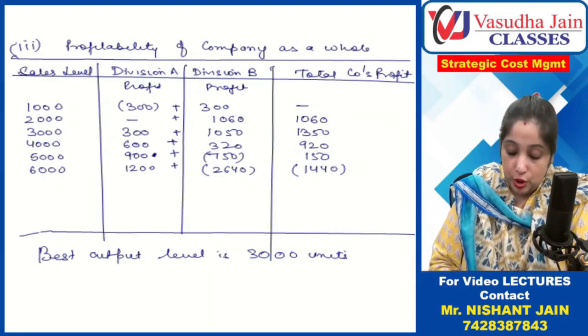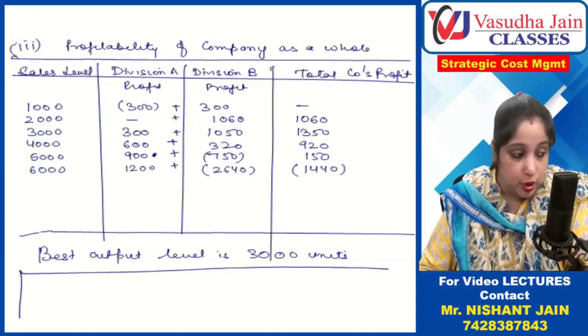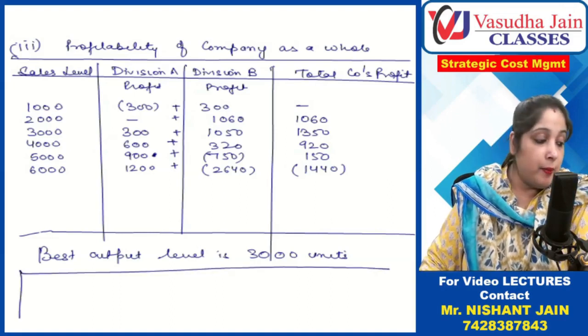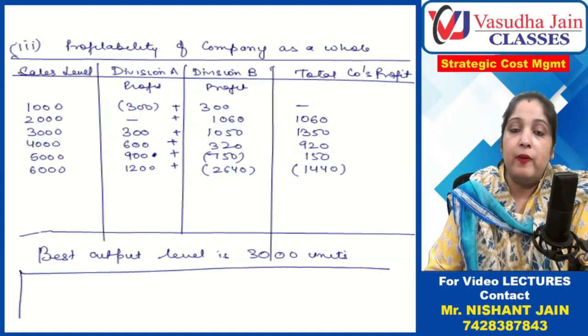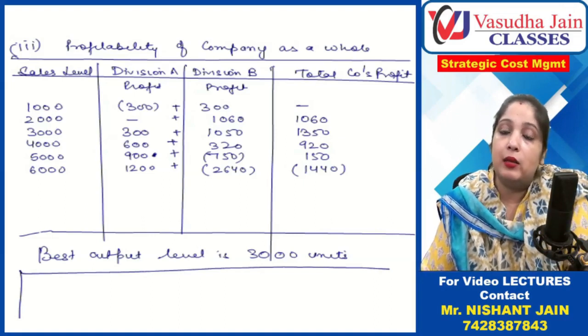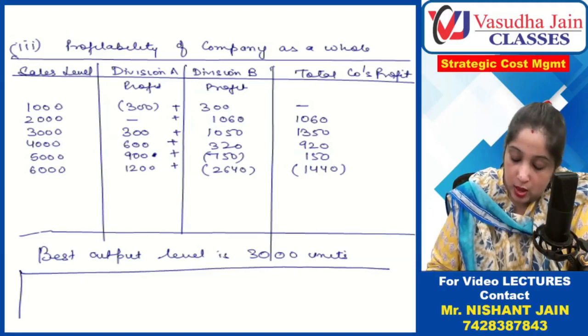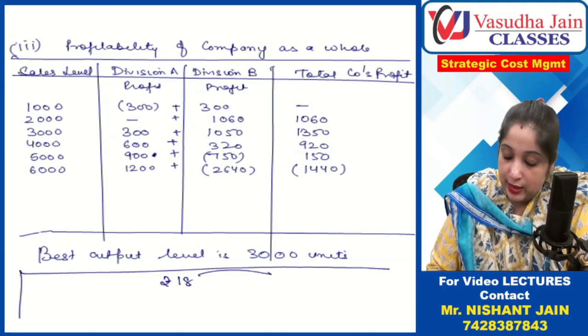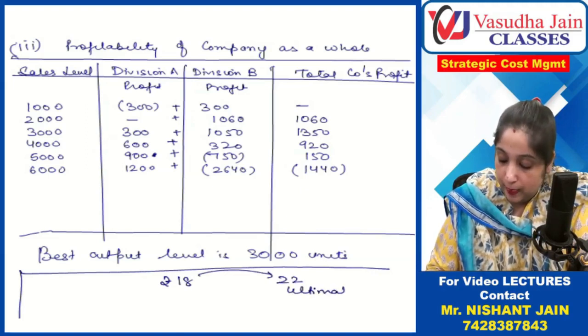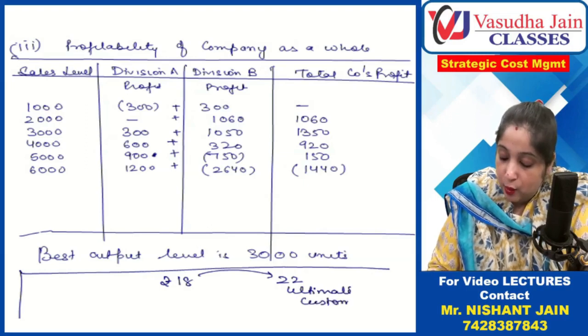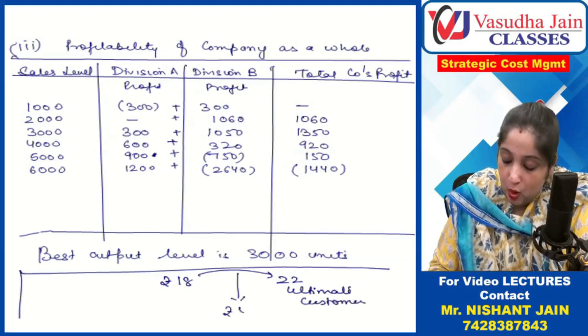This should be the question in your mind: ma'am, the company's profit will come only when we sell the goods to the final ultimate customer. Suppose the cost of the good is 18 rupees and we sell it for 22 rupees to the ultimate customer. Then this 4 rupees is the profit of the company.